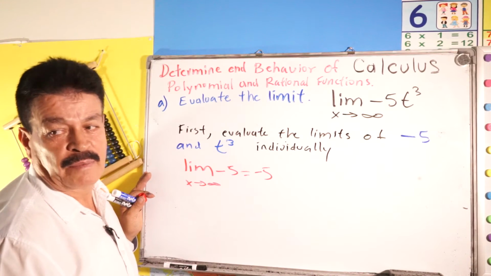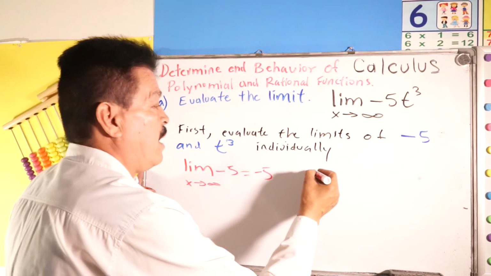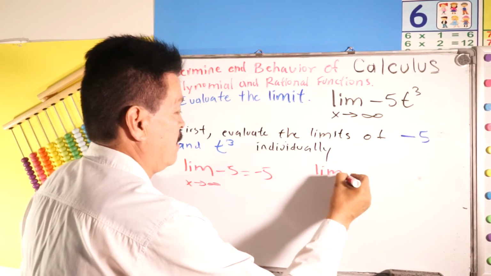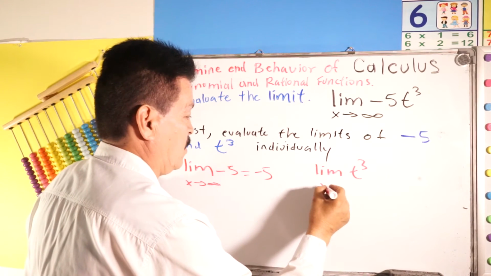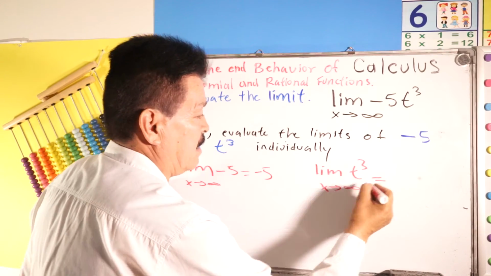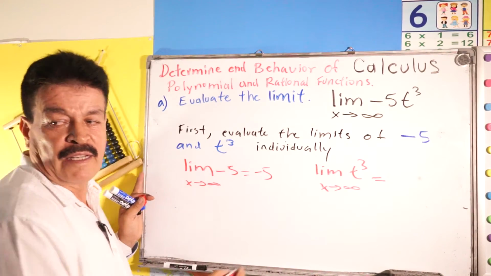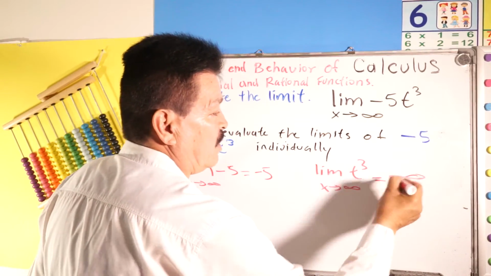The limit of x to the third power when x approaches infinity is positive infinity.